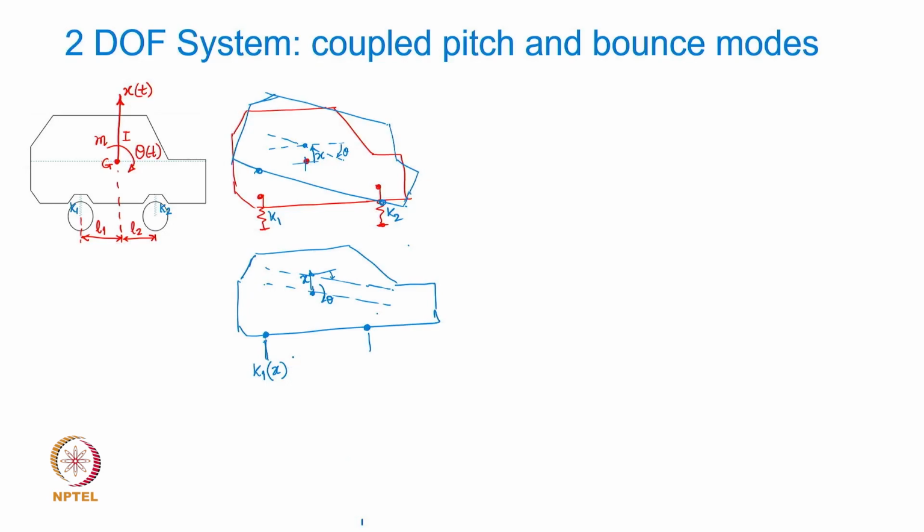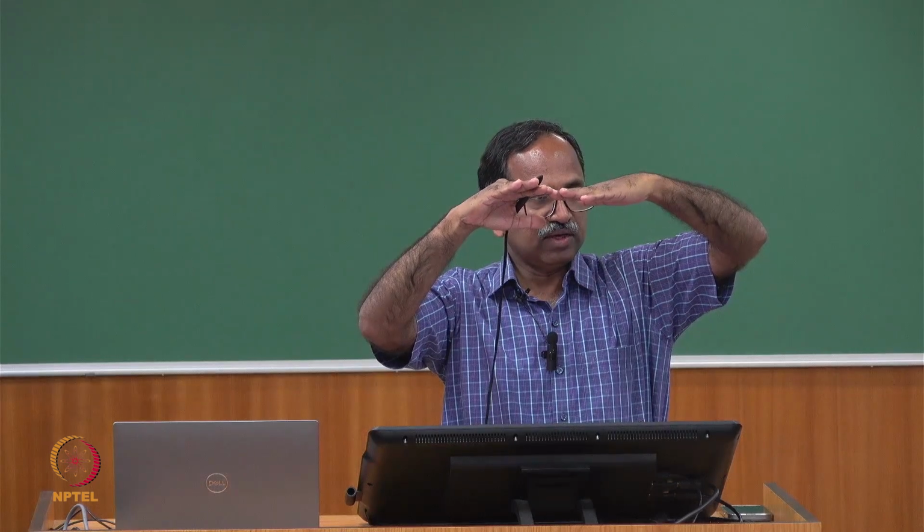So if you only look at x, then this force is going to be pulling it down, because the stretch is vertically up, so the spring is going to pull it down. This force is also going to pull it down. So K2 into x is definitely going to pull it down if you assume that the body is moving with only the vertical x motion.